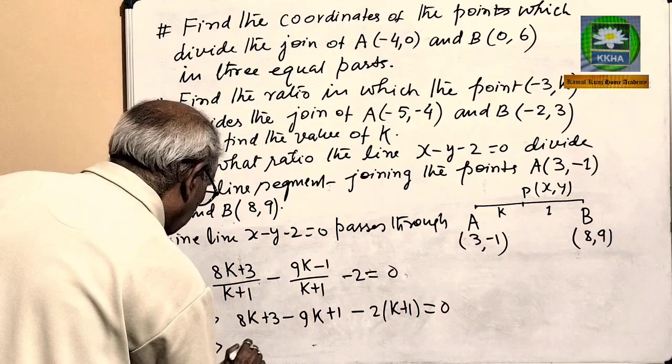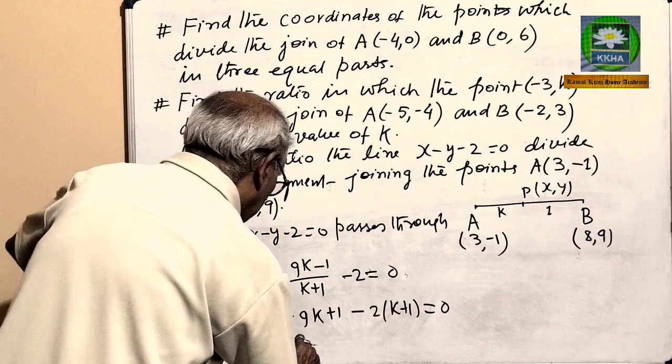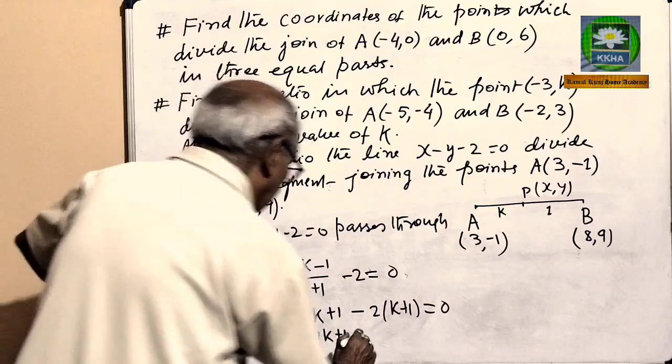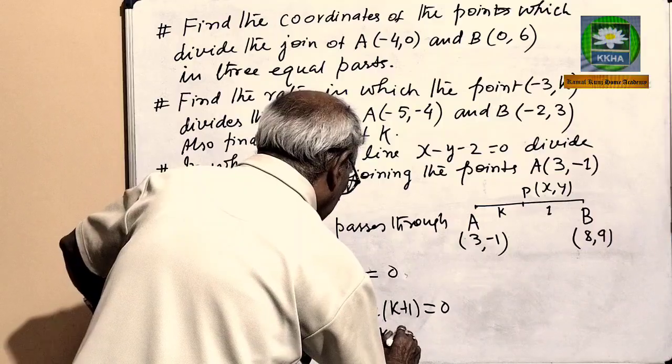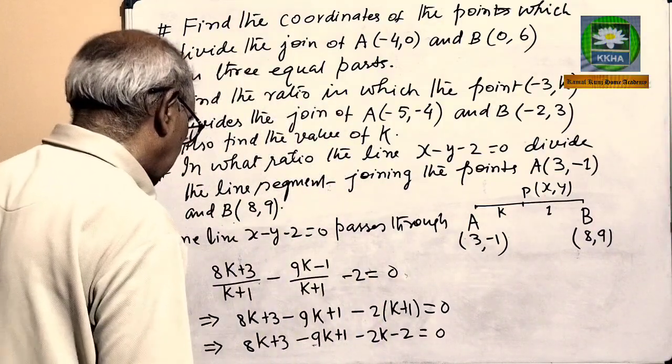This implies that 8k plus 3 minus 9k plus 1 minus twice k minus 2 equal to 0.